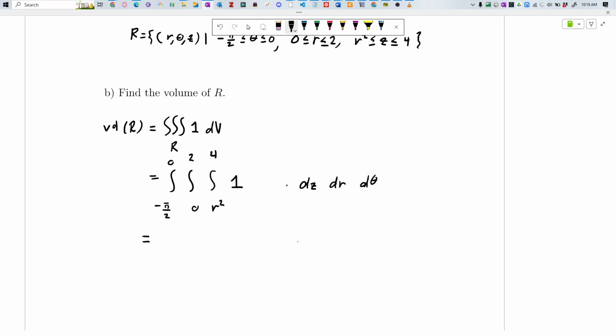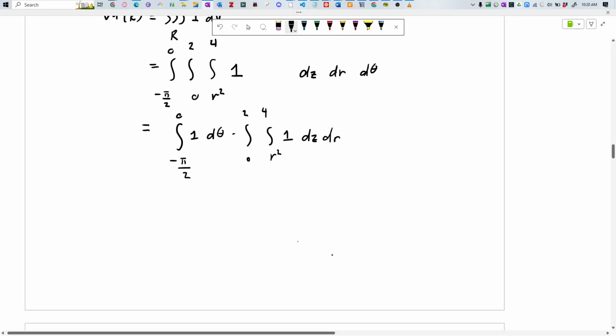So if we think of this double integral as a function of r and z, we can pull it completely out of the theta integral. So then we end up evaluating the theta integral like that, and then take the product with the double integral, which we can't do anything about, r squared to 4, again the function 1 dz dr.